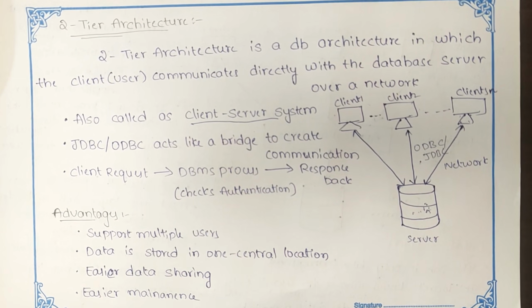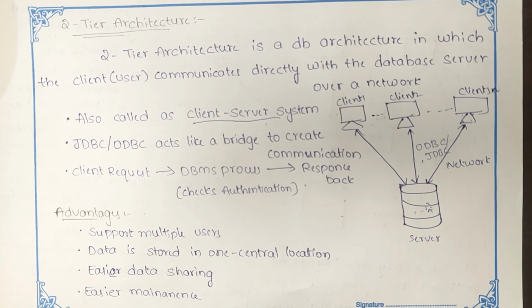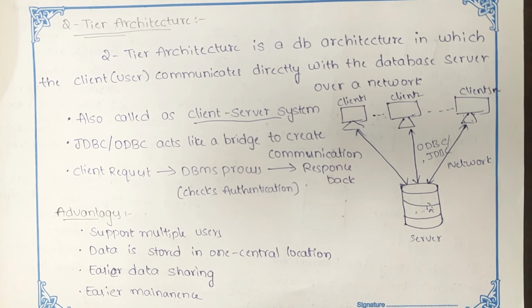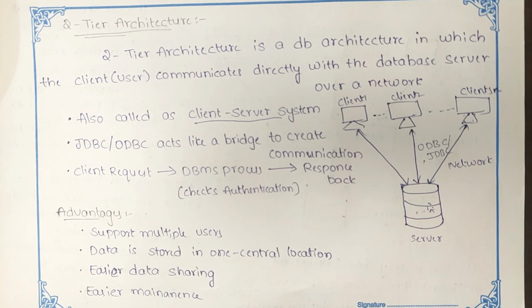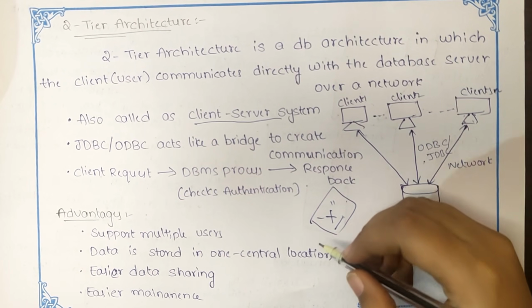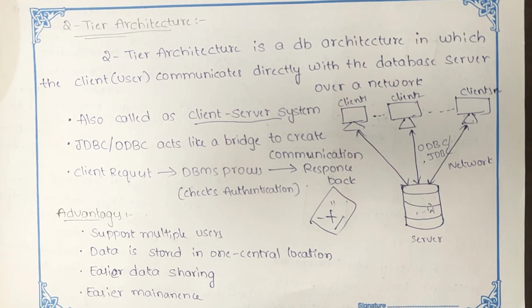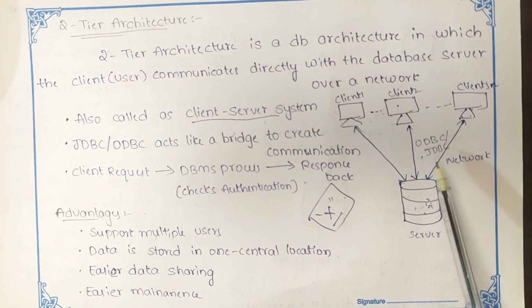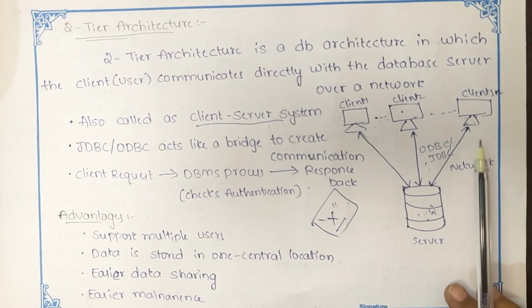Let's consider an example through which you will understand very clearly. If a teacher enters a student ID, let's consider a student ID named X, the client sends the request to the server using JDBC, the Java Database Connectivity.